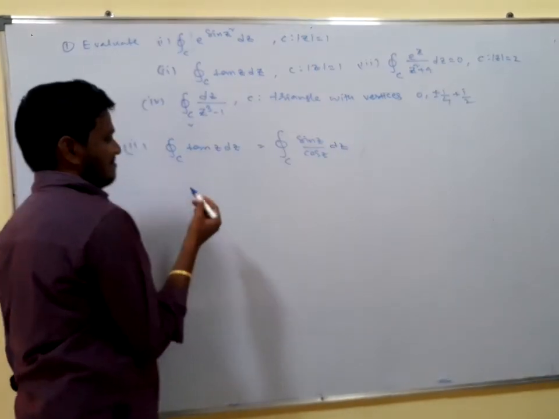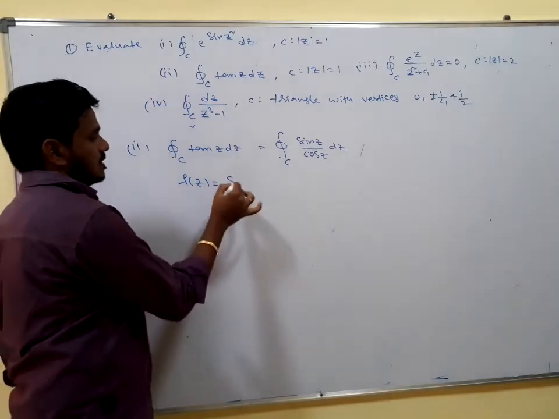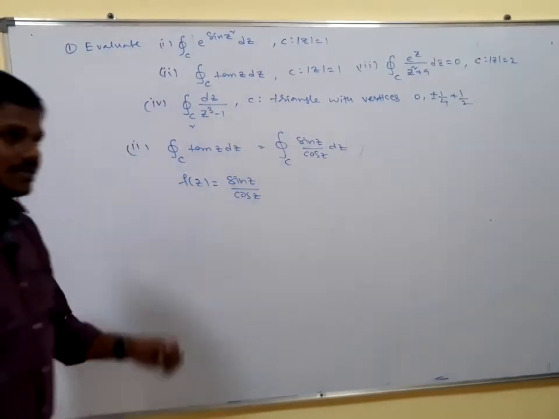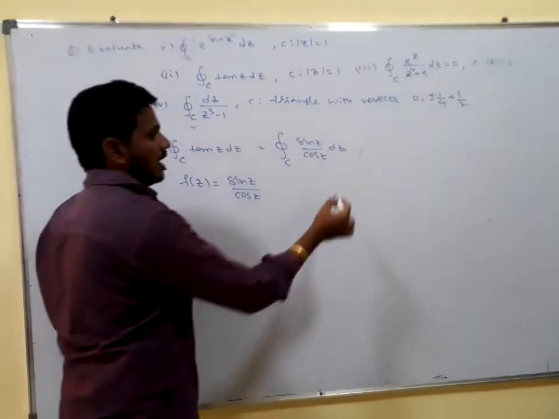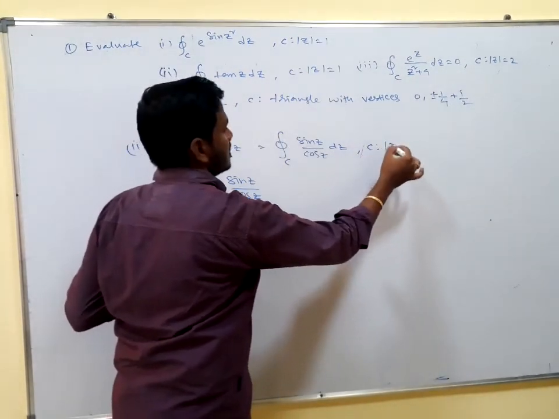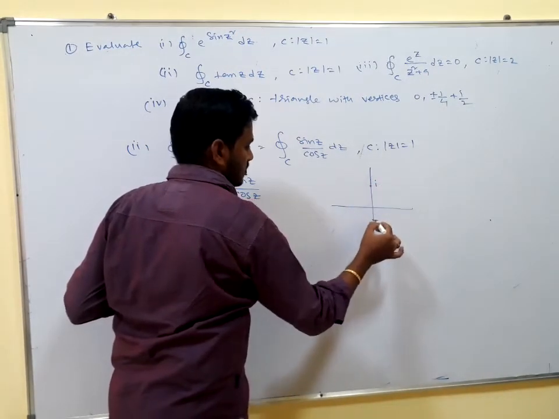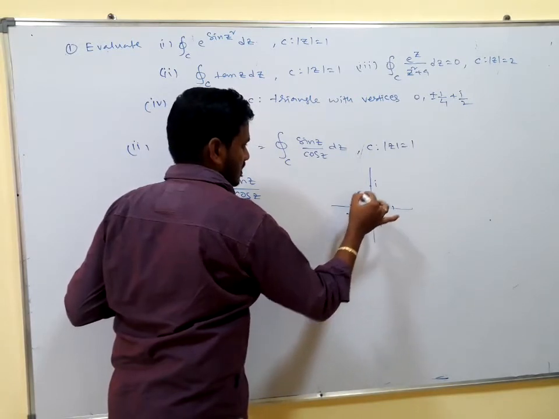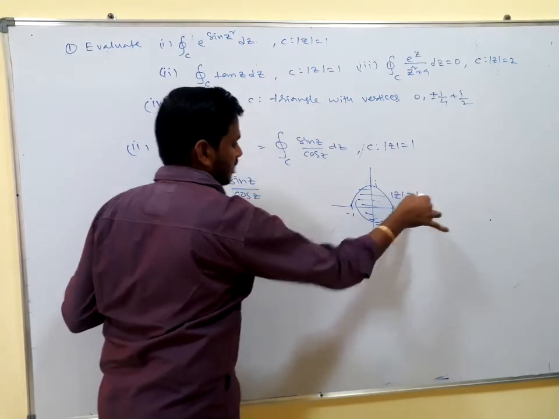Here f of z is equals to sin z divided by cos z. Since we know that sin z and cos z are analytic everywhere, what is the reason here? C is mod z equals 1. So here it is i, here it is minus i, 1, minus 1. This is our region, right? Simply connected, mod z equals 1.